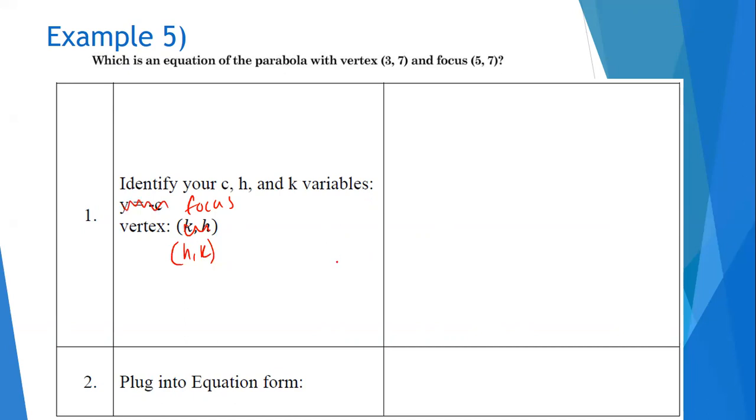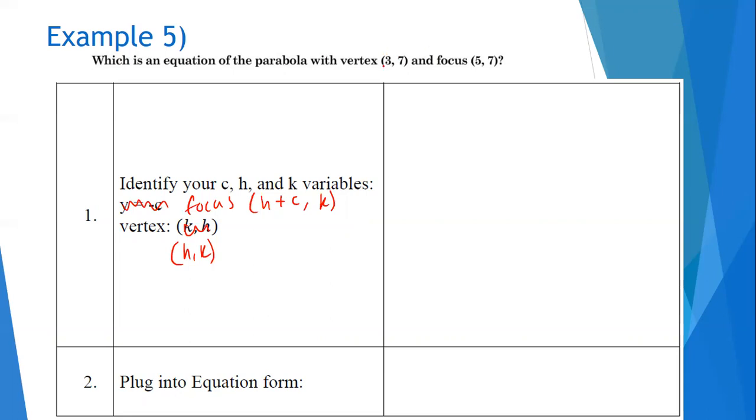We're going to use the focus, and the focus is h plus c, comma k. Remember, the directrix is x equals h minus c.